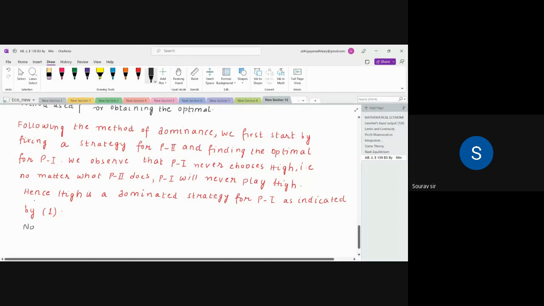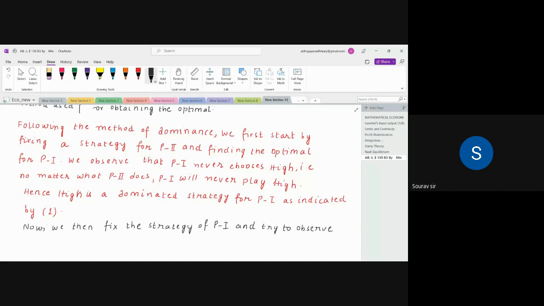Now, we then fix the strategy of player 1 and try to observe the optimal response of player 2.